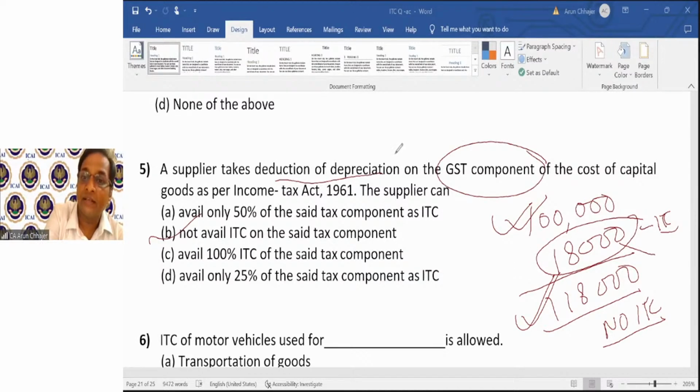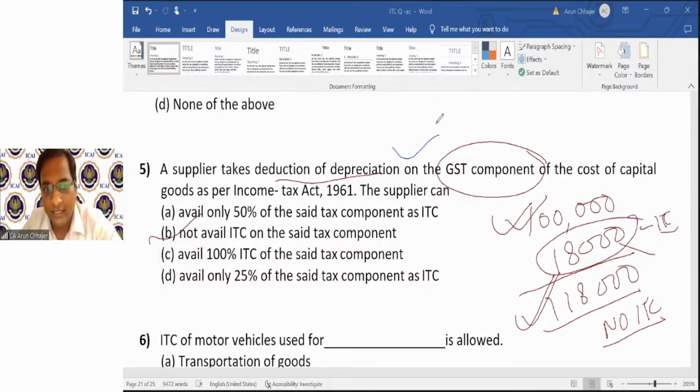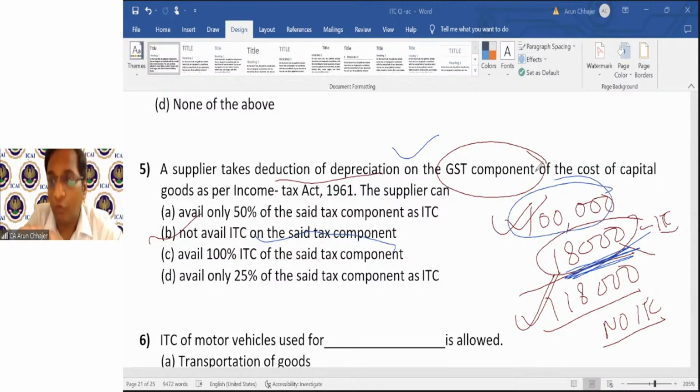It means in this particular situation, the recipient, any taxpayer, is taking the depreciation on 18,000. So he cannot take the ITC at all. He has to take the depreciation only on 1 lakh, then only he can take the ITC. The right answer is option number B.